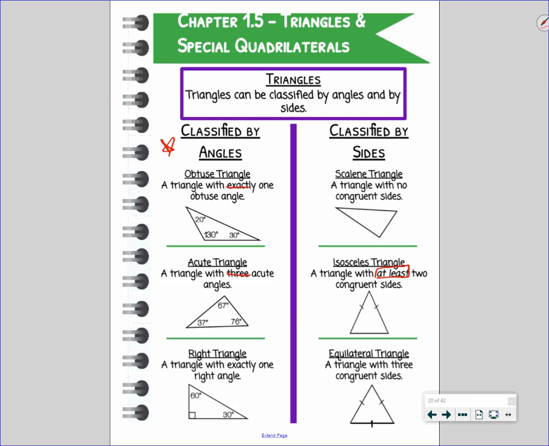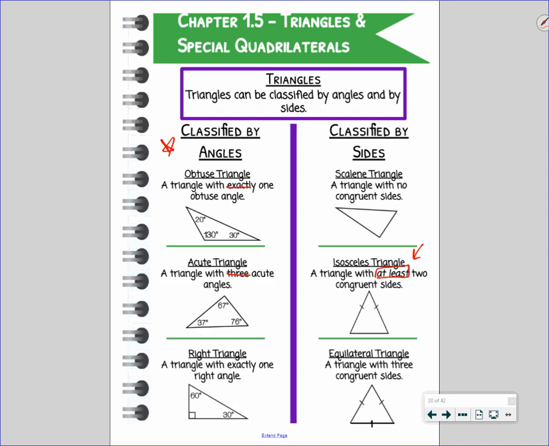Because of the definition of isosceles saying at least, an equilateral triangle is an isosceles triangle. An equilateral triangle has that extra third side, but it can be classified as isosceles because it has at least two congruent sides. It actually has three. This is one of those, like, is a square a rectangle or is a rectangle a square?